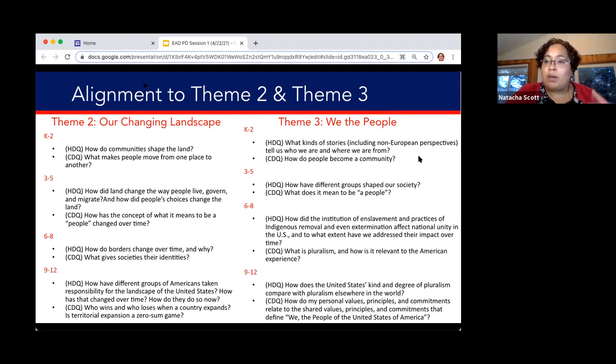How do people become a community? How have different groups shaped our society? How did the institution of enslavement and practices of indigenous removal and even extermination affect national unity in the US? So going back to that question, progress for who? Okay.